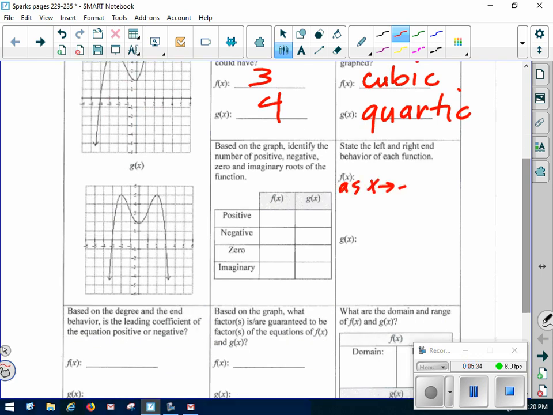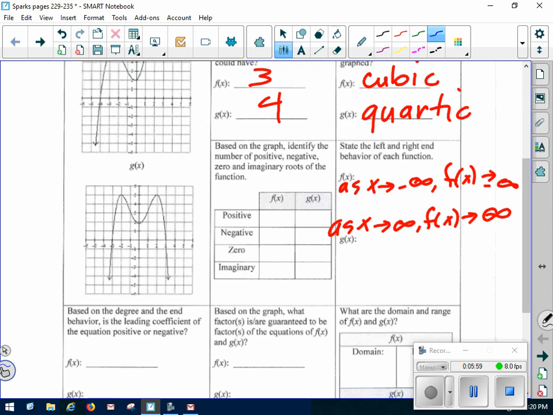As x approaches negative infinity, f of x approaches, and as x approaches infinity, f of x approaches. On f, as x approaches negative infinity, the function approaches negative infinity. As x approaches infinity, the function approaches infinity. And let's talk about g.